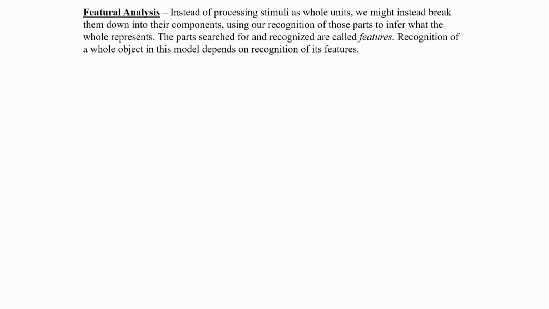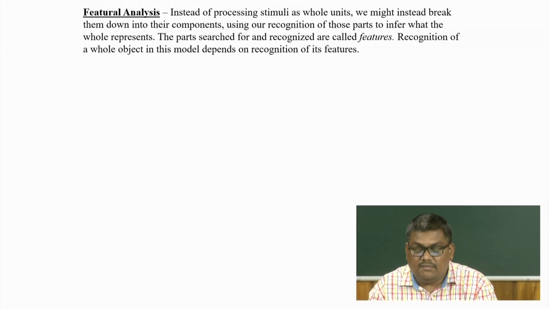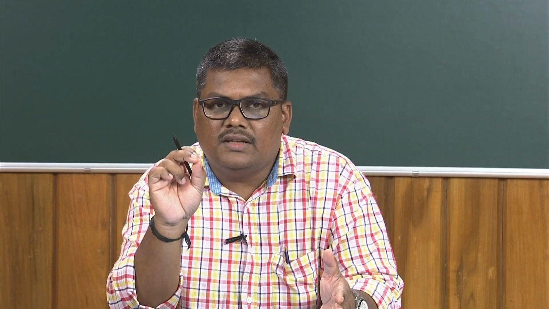Now, what is the feature analysis model? The feature analysis model says that when we perceive things from the visual environment, we look for basic units which are called features. We look for certain features in a proximal stimulus which is being inputted through the retina onto the visual processing area.